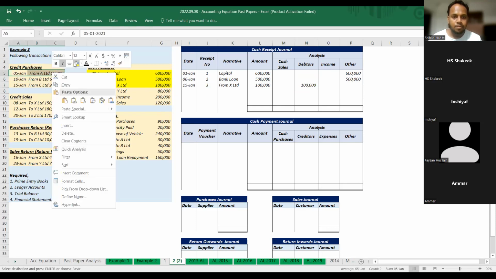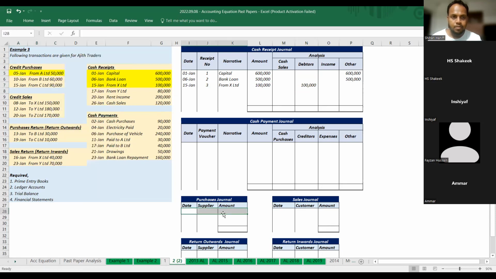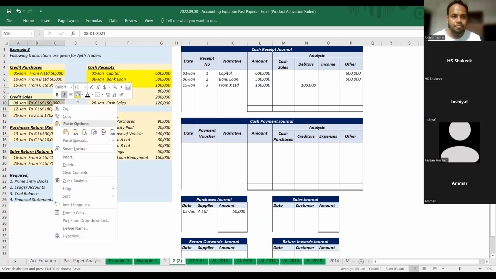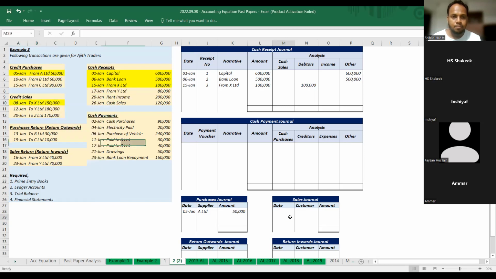Okay, complete the receipt and complete purchases. Purchases here. From A Limited 50,000, B Limited 60, C 90. So you can write it here. Sales. Okay.